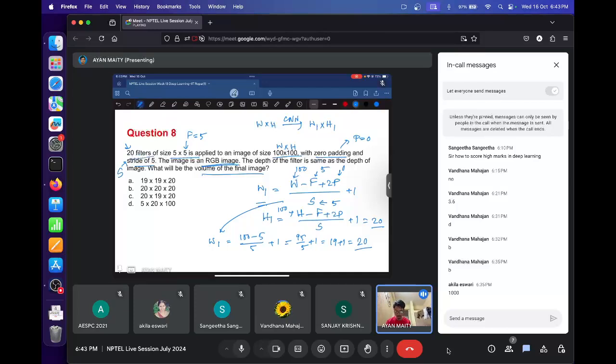So 20 filters of size 5 by 5 are used, so the depth would always be 20. So the shape would be W1, which is 20, H1, which is also 20, into depth, which is 20. So 20 by 20 by 20. Option B is the correct answer.